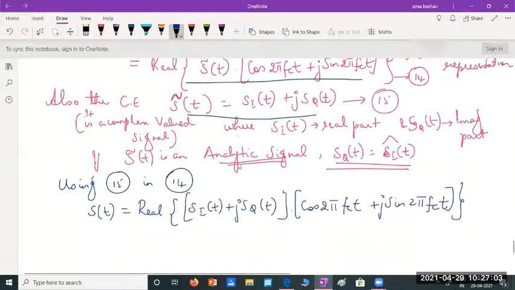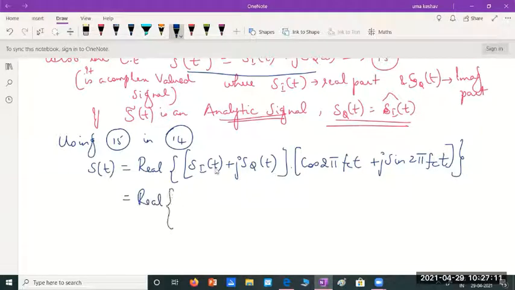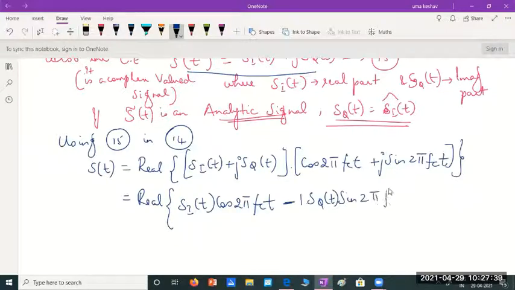Can you multiply this and tell me what you will get? Do the multiplication. Si of t into cos 2 pi fct, and let me multiply the second terms together. Plus j square, which is minus 1, into Sq of t sin 2 pi fct.